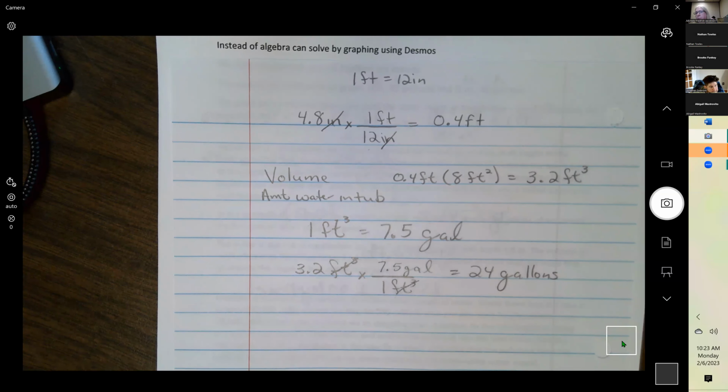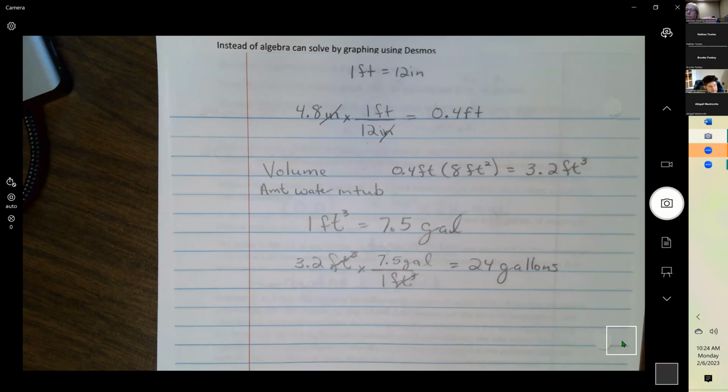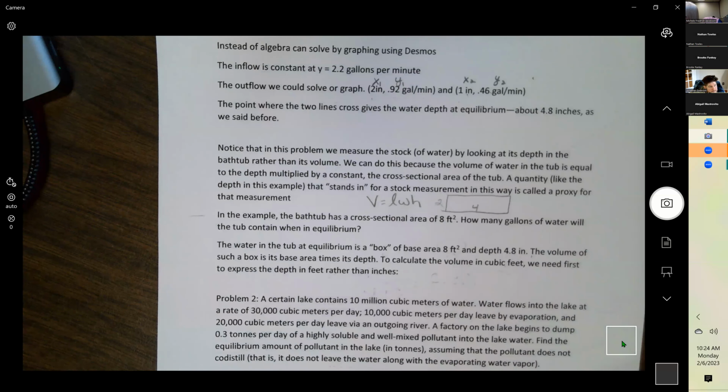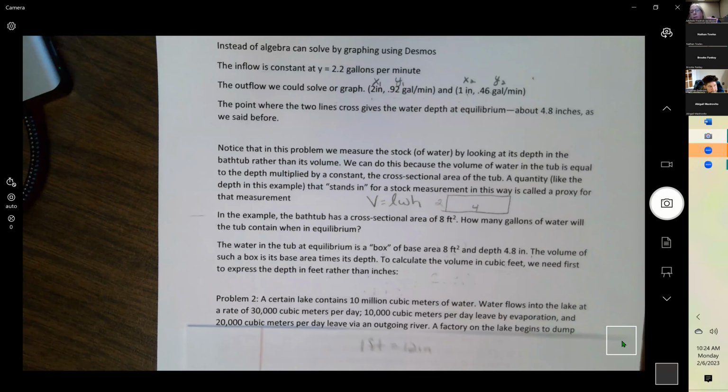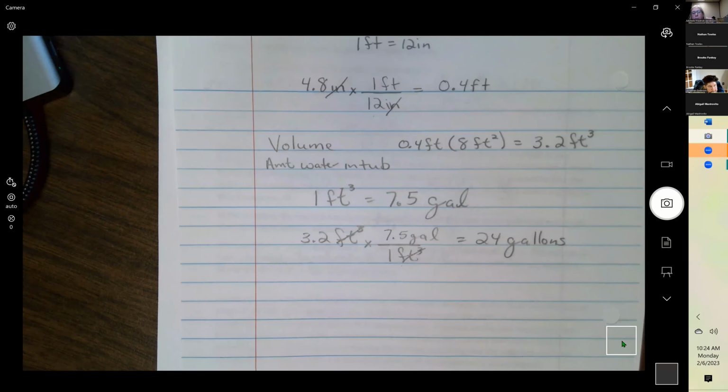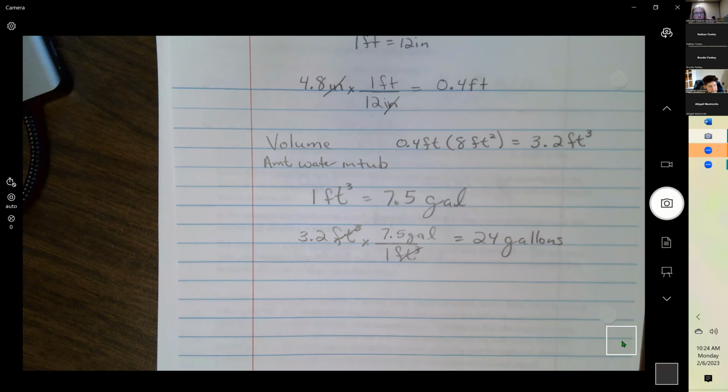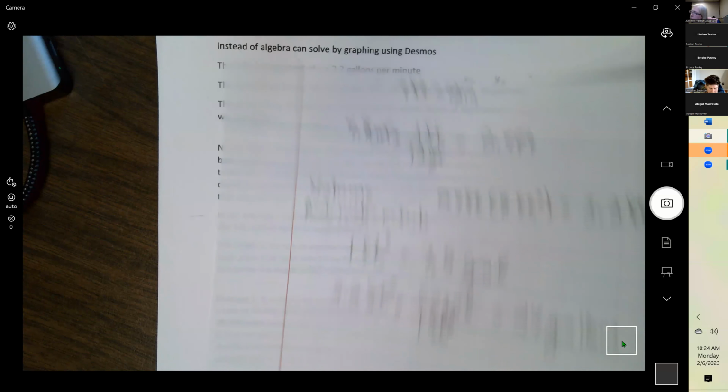The amount coming in and the amount going out is at an equilibrium when we have 24 gallons. Any questions on that? Okay.